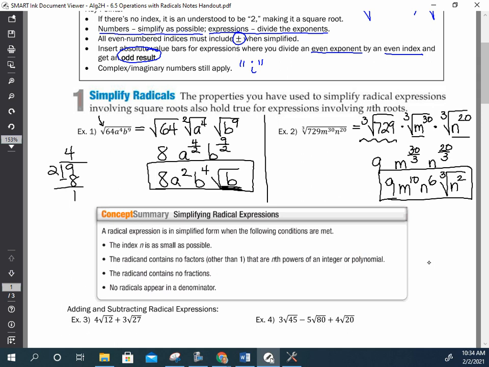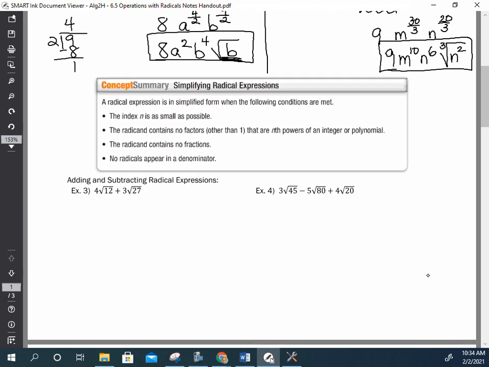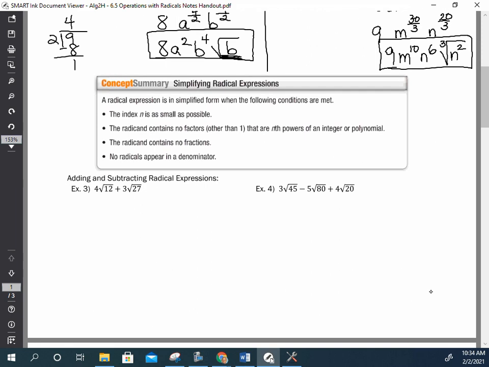All right, so now that we've simplified a single radical, now we're going to go ahead and move into working with multiple radicals. So this is where adding, subtracting, multiplying, dividing comes into play. So we're going to start with adding and subtracting.